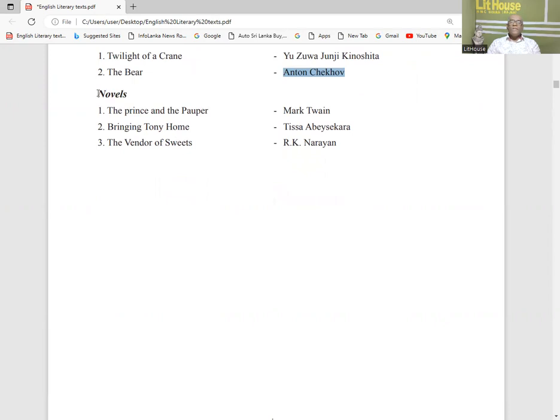Right. Then the last section, novels. There are 3 novels prescribed for you. They expect you to read 3 novels.